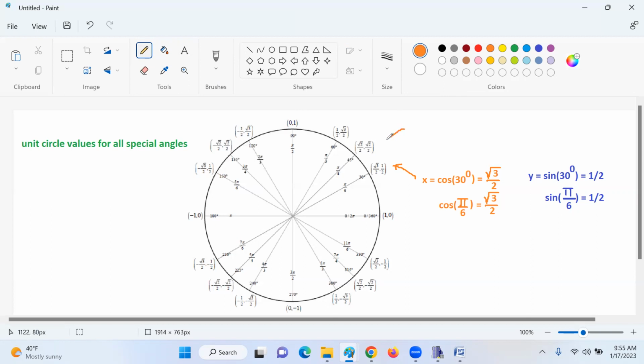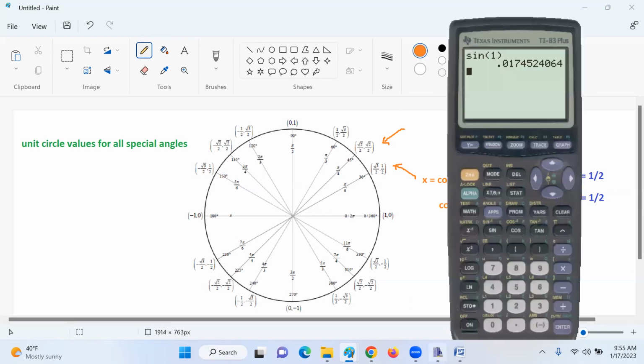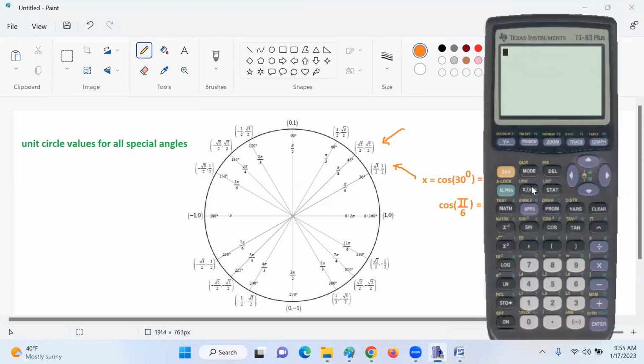So let's say we have this 45. I'm not going to sketch the 45-degree, and we're not going to prove it because it would take so long for the lecture. What I have to do is make sure that this is in degree mode.